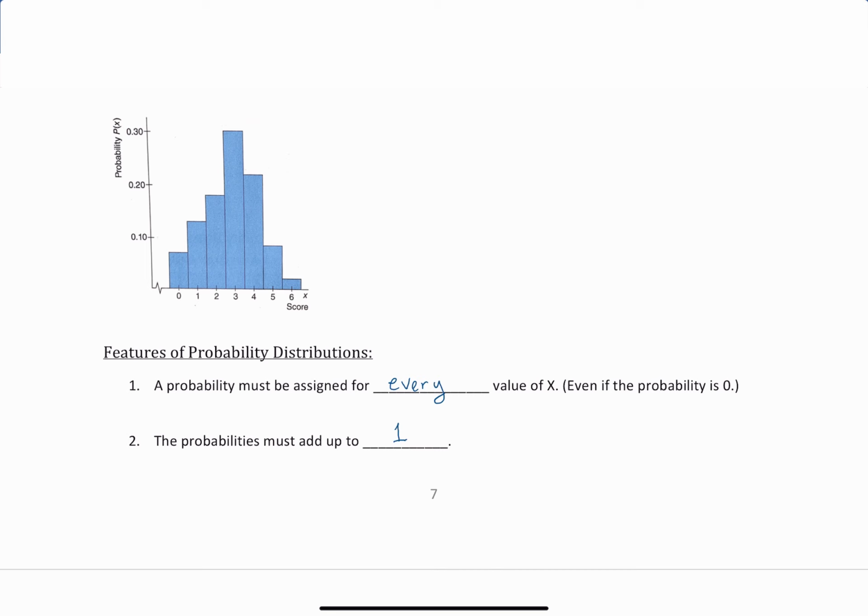Well, it's because the probability of an entire sample space is 1, and that variable x has to be assigned to every single outcome in the sample space. Therefore, the various values of x encompass the entire sample space, and that's why those probabilities have to add up to 1.